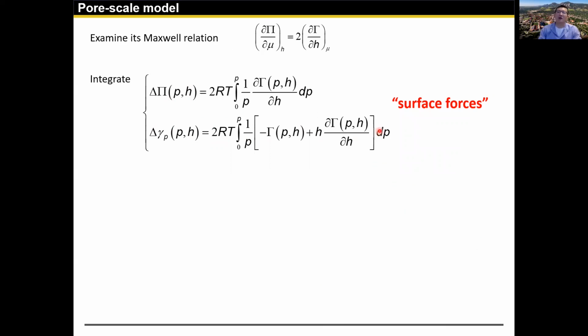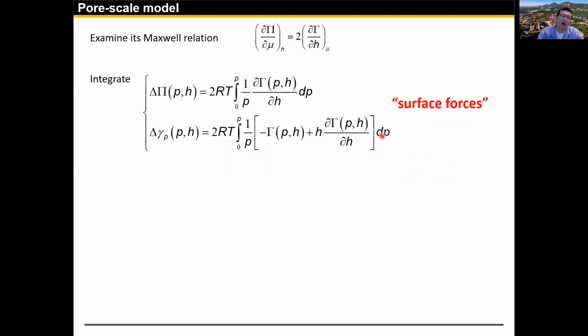I collectively call them surface force terms because, in my notion, they are a collective reflection of all the pore-scale solid-fluid interactions due to the overlapped regimes and so on.